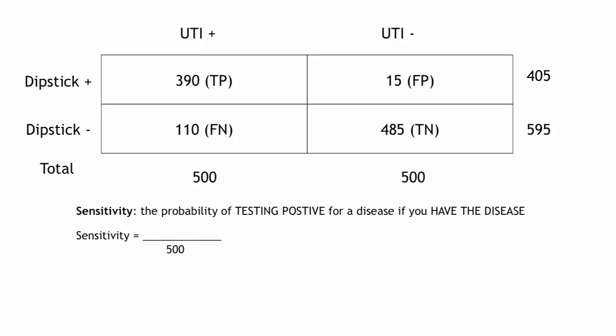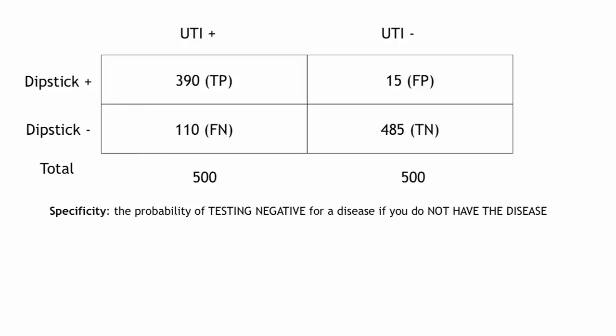In this case, our denominator is everyone with a urine infection, and our numerator is those who have the infection but who also test positive with their urine culture. So this means if you have a urinary tract infection, you have a 78% probability of having a positive test, which is moderately high, meaning that we're going to catch most people who have a urinary tract infection.